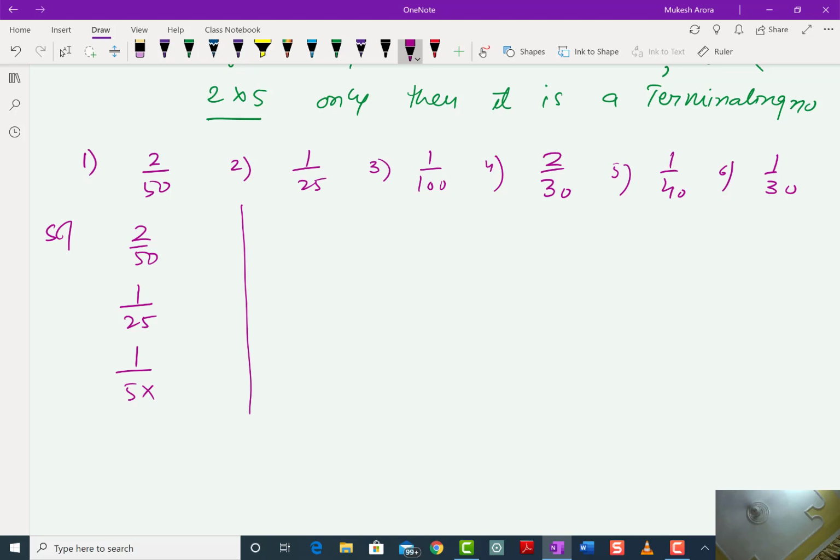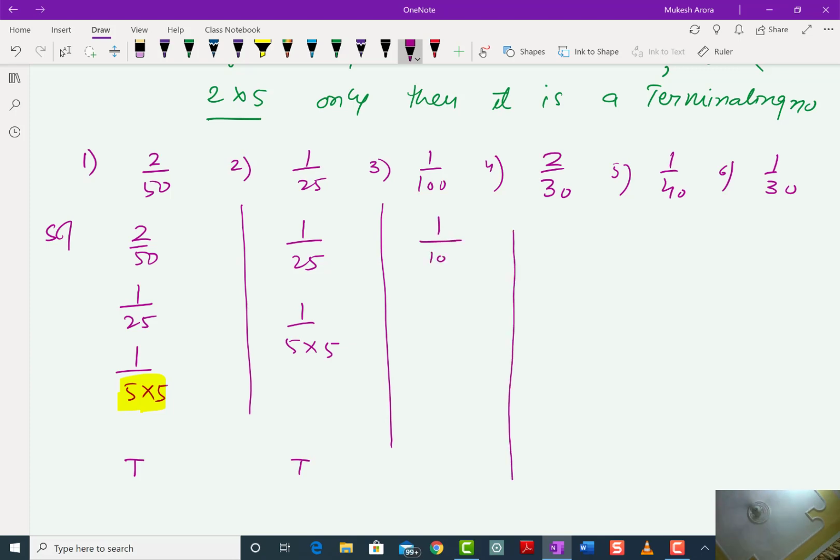Factorize 25 into 5 into 5. So we are having a combination of only 5 and 5. That means it is terminating. 1 by 25 is 1 by 5 into 5. Again it is terminating. 1 by 100. Factors of 100 are 2 into 2 into 5 into 5. It is a combination of 2 and 5 only. So this is also terminating.